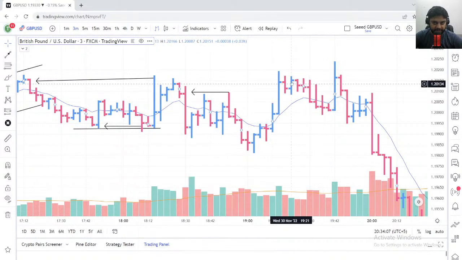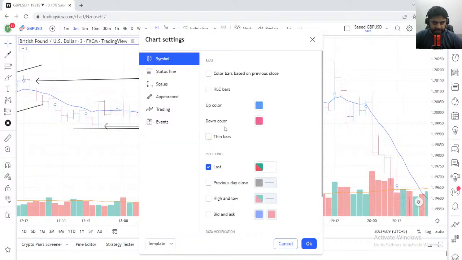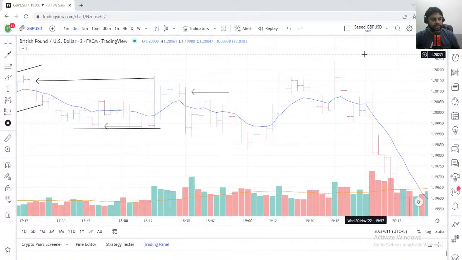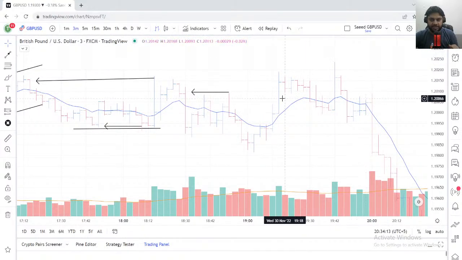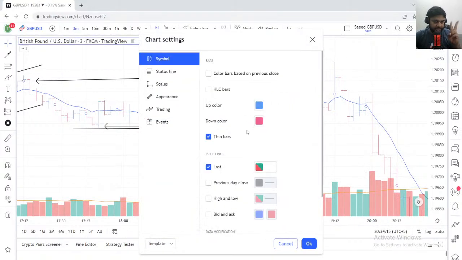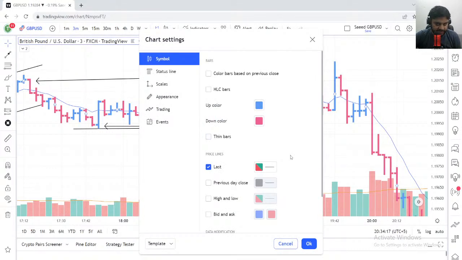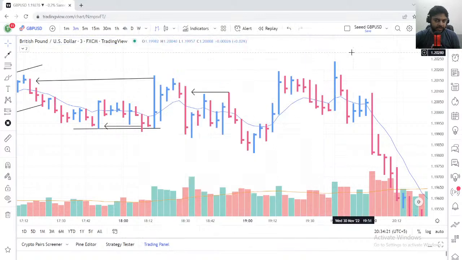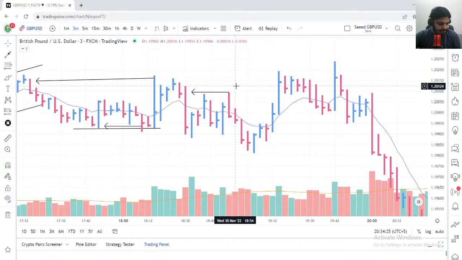So you will do two things: double click this, uncheck the thin bars and check the HLC bars. Now they will look just like mine. So that's how you do your settings.